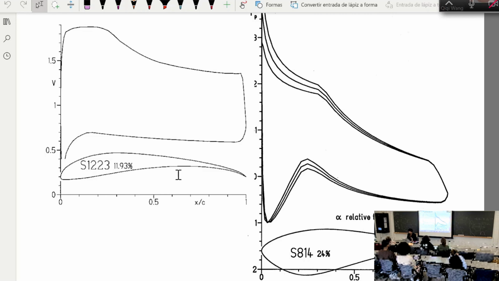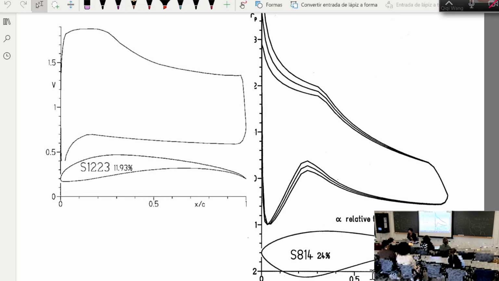The first one is designed to get a lot of lift with laminar flow, so it is typically used for small things going at low speed. And the one on the right-hand side is an airfoil designed to be high-lift at higher Reynolds number for bigger stuff.